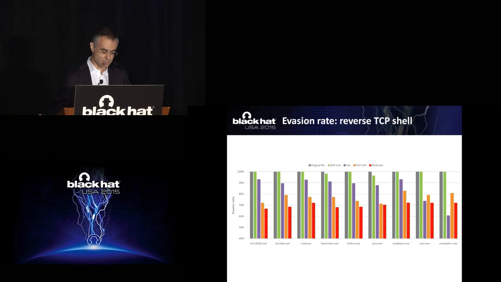Here is the result for the reverse TCP shell. As you can see, the gray color is the original file that contains no virus, so it passed all the antiviruses. With green, we have the ROP with the exit, the outcome of our tool that includes a shellcode and activates the shellcode during the exit of the portable executable.